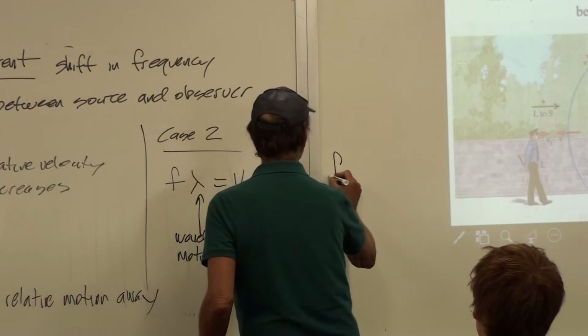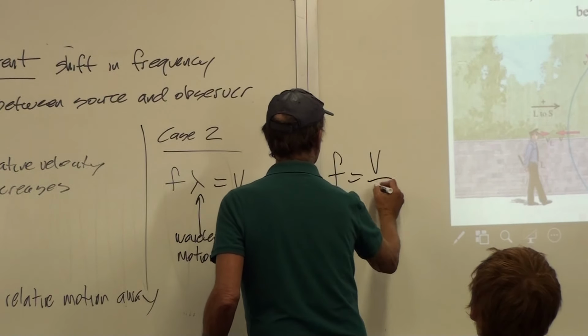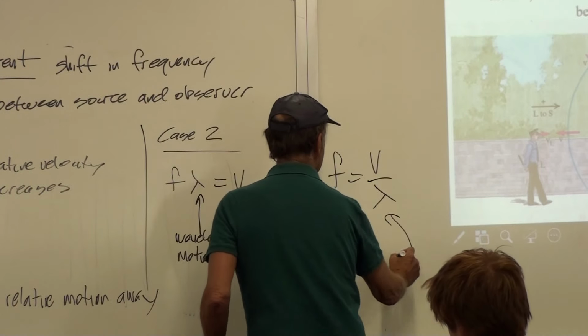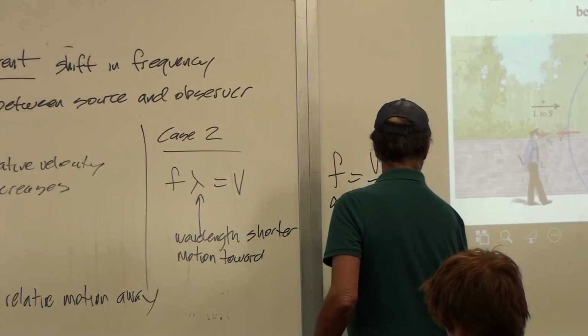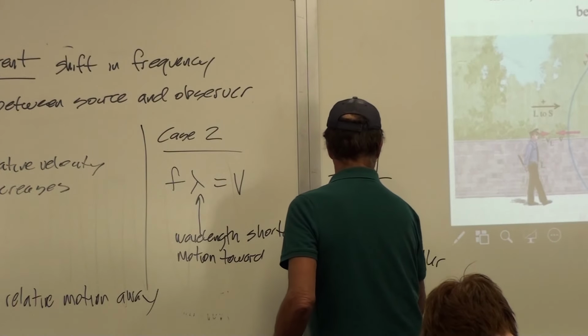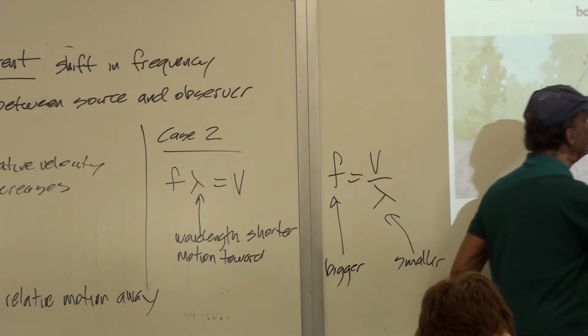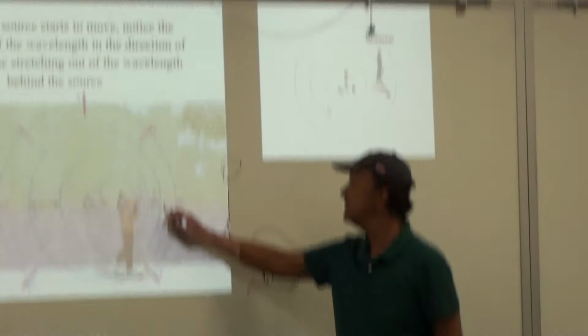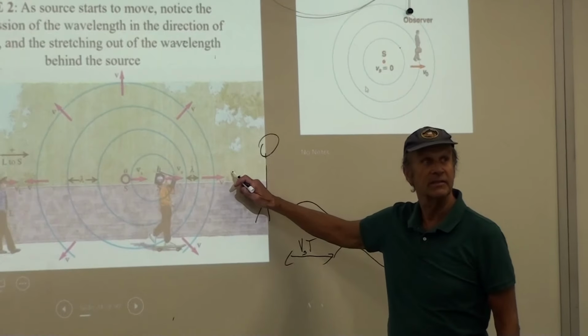So then the frequency becomes the velocity divided by a smaller number, because this is smaller, this is bigger. So for relative motion toward this listener, because the wavelength is smaller, but the velocity is the same.